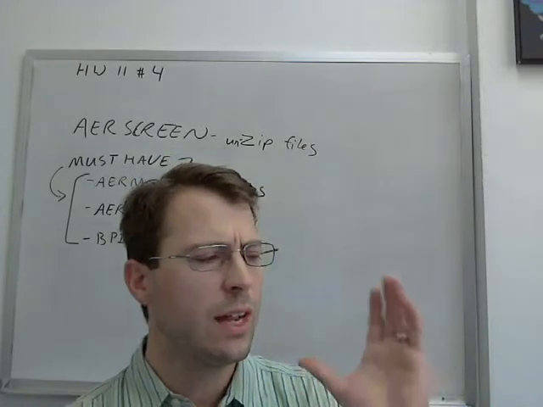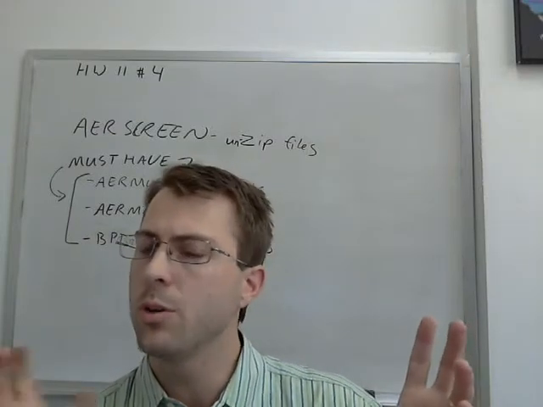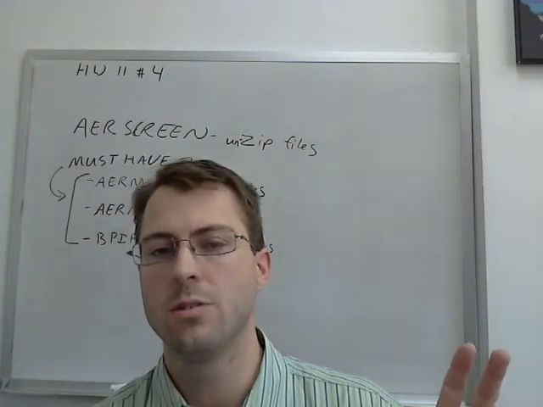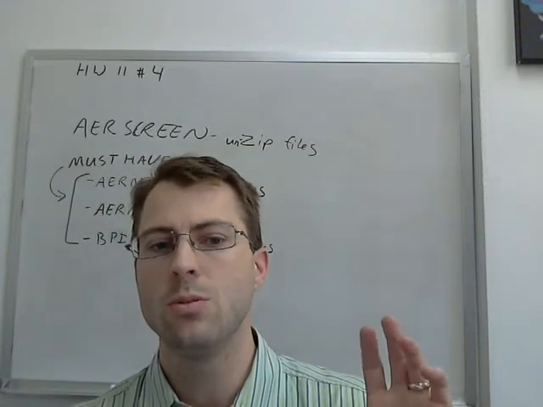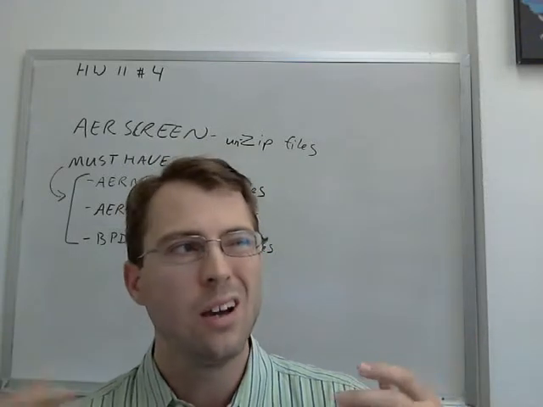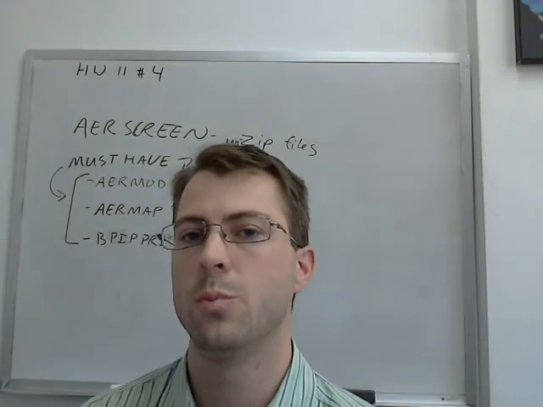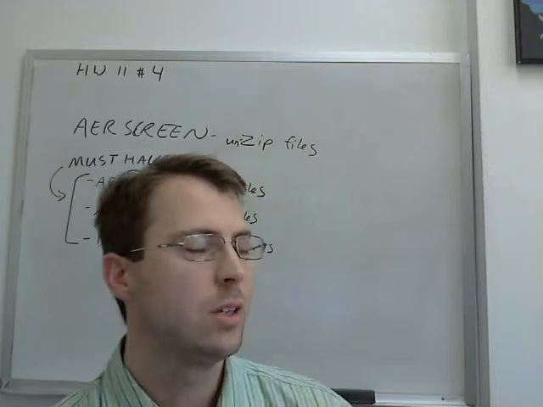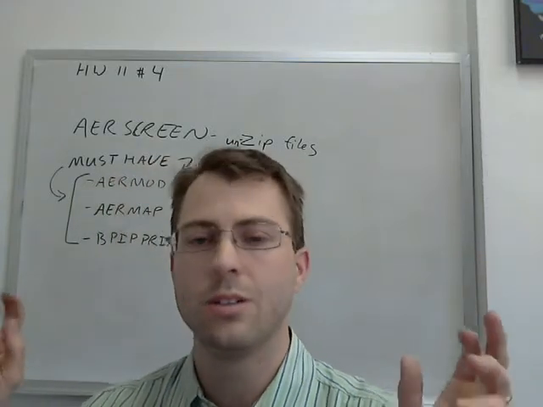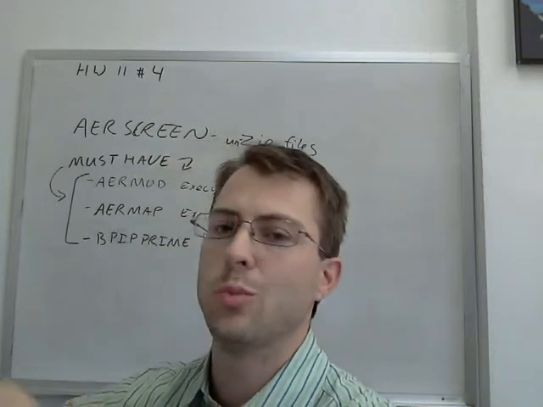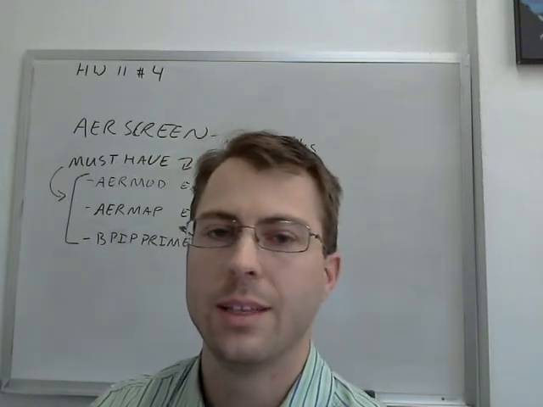So you're going to have to use the AERSCREEN twice to get values. I'm going to be grading you on what the magnitude of the difference is, but I'm also looking to see, can you understand and conceptualize the way this model is taking the different input factors, and how you increase wind speed and you increase the terrain roughness, and your plume disperses more and it travels further, and so it's more dilute, things like that.